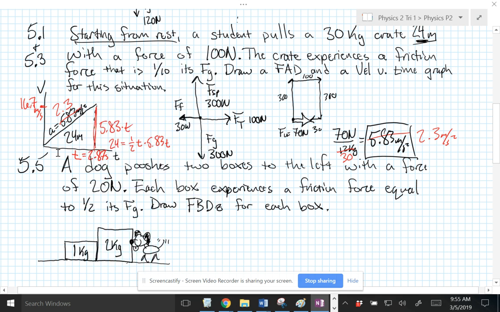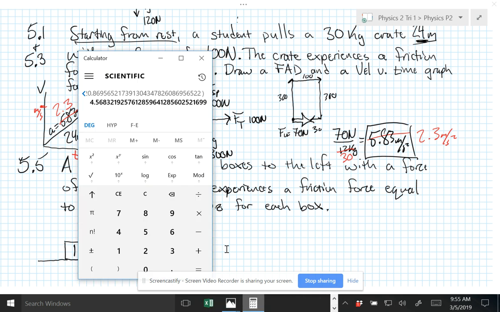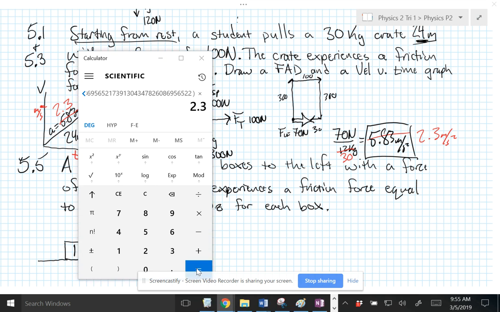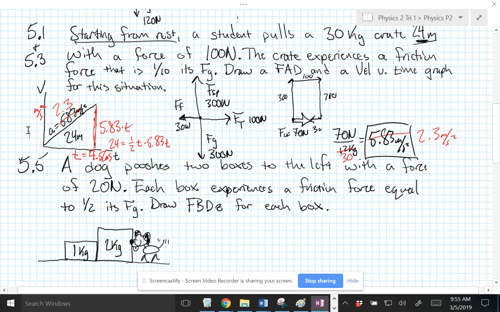There we go. 4.56 times 2.3 meters per second. Yeah, 10.5 meters per second. All right.